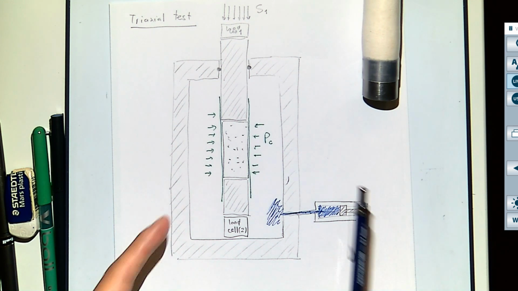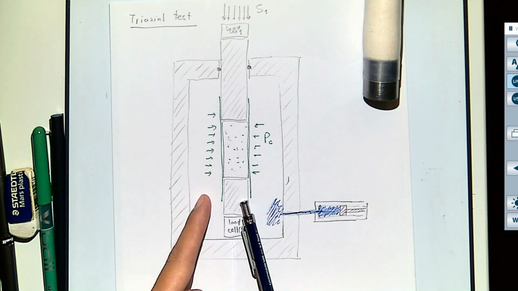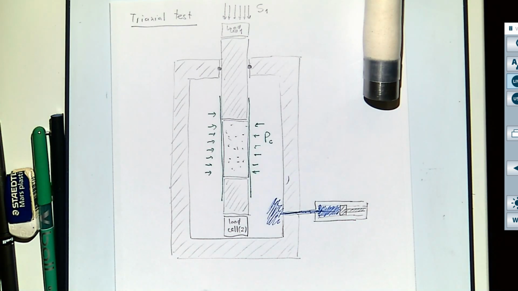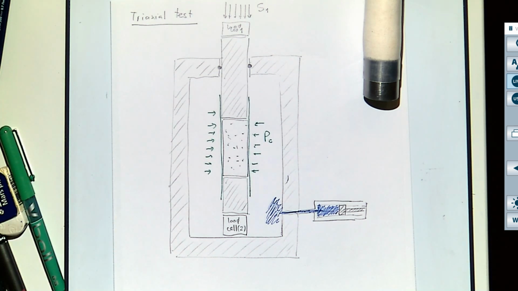So the higher the confining pressure, the higher the stress you're going to need in order to break the rock, because the rock is a frictional material. But let me add one more thing here, which makes the picture complete, and we also need to take into account the fact that in these kind of tests, many times we also have fluids, and we have a pressure of a fluid.